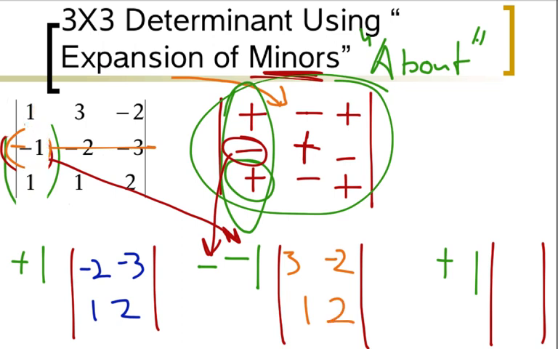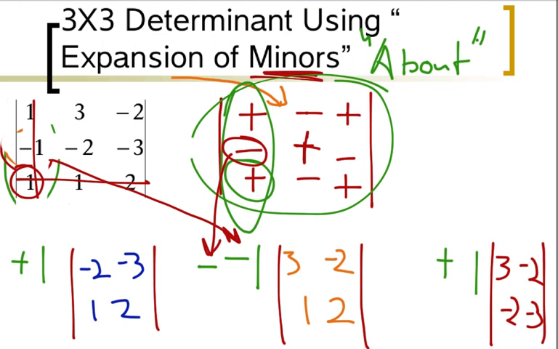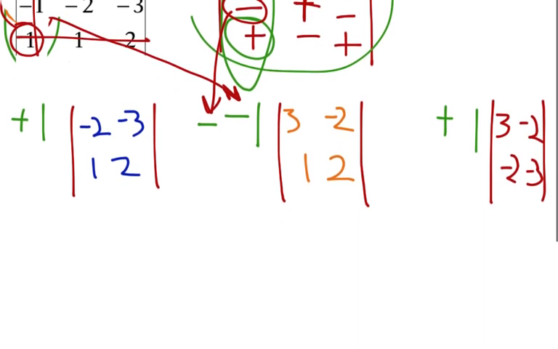I'm going to erase that again. I'm going to cross out my 1 at the bottom and its column, and I'm left with 3, -2, -2, and -3.